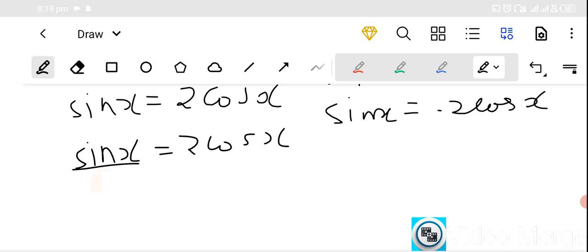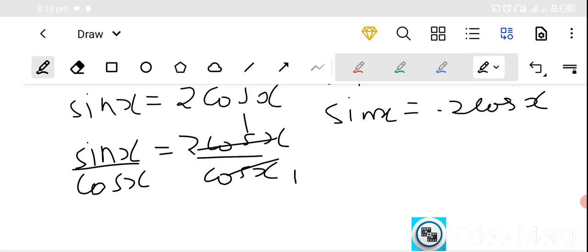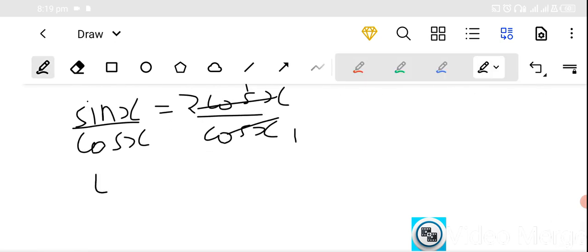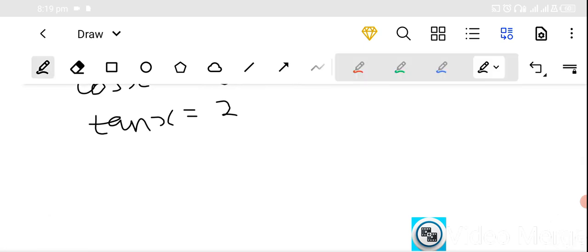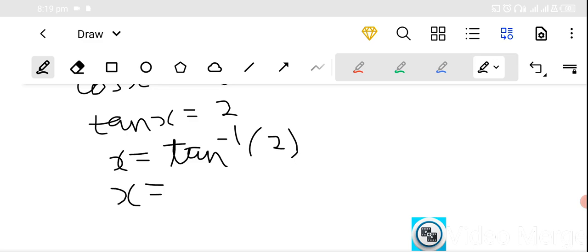So you divide by cos x, cos x, cos x, leaving you with a 2. So tan x is equal to 2, x is equal to tan inverse of a positive 2, x is equal to the tan inverse of 2 in degrees, which is 63.4 degrees.